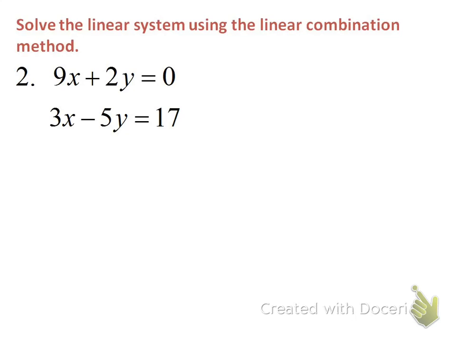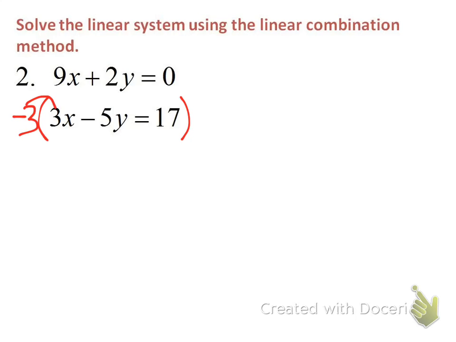What are your questions on this? Number 2 is going to be a little more difficult because I don't currently see opposites. Does anyone know how we can get opposites and on which variable would you like to get opposites? Yes. If we multiply the second equation by -3, then we'll have opposites on the x's, right?